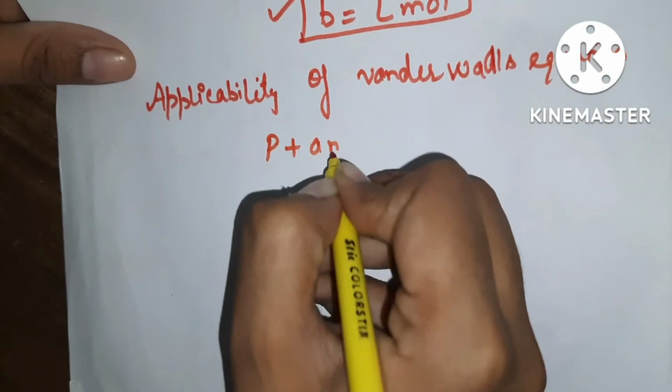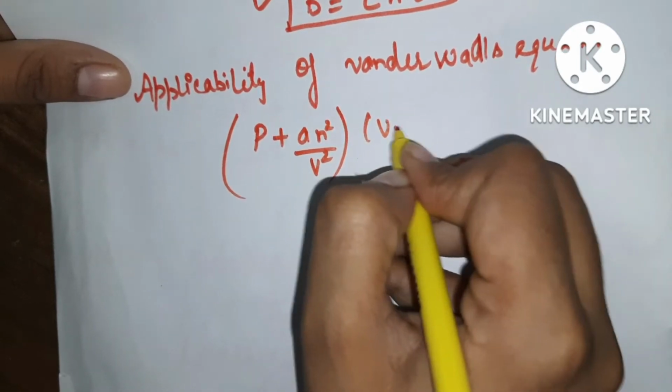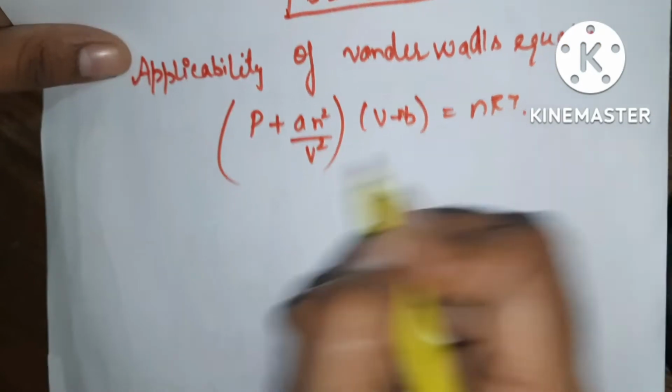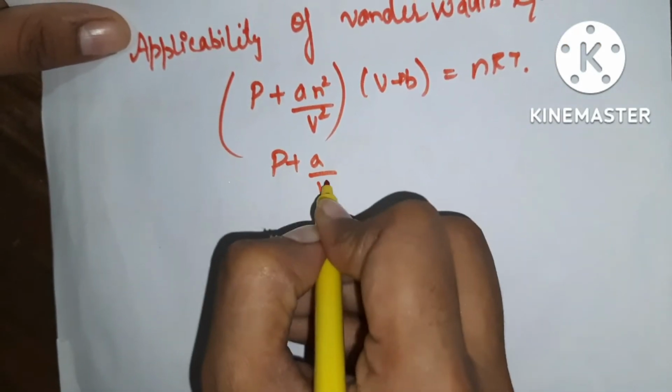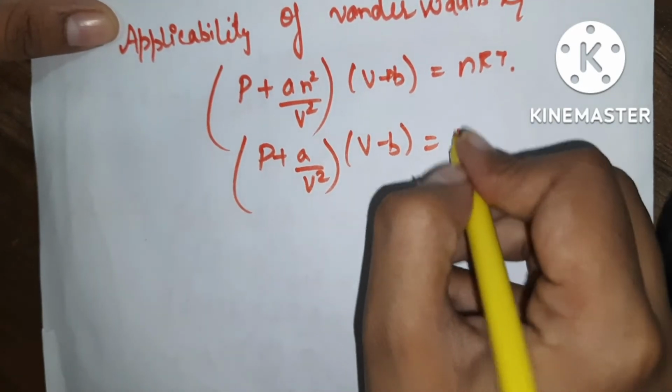You already know the equation: (P + an²/V²)(V − nb) = nRT. For 1 mole, (P + a/V²)(V − b) = RT.